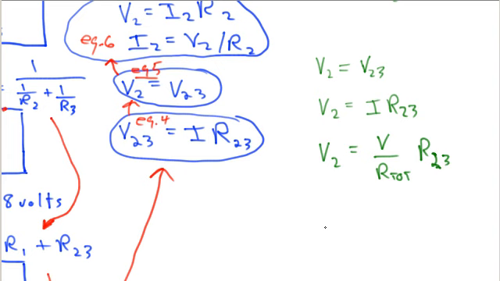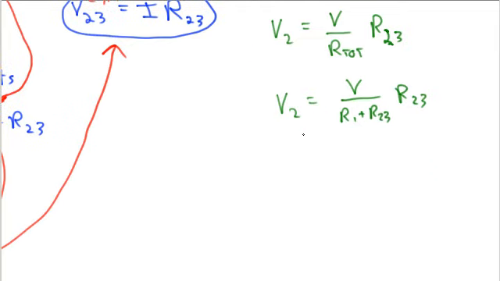So V2 is V over R1 plus R23 times R23. I think I'll divide top and bottom by R23. That's equal to V divided by R1 over R23 plus 1.